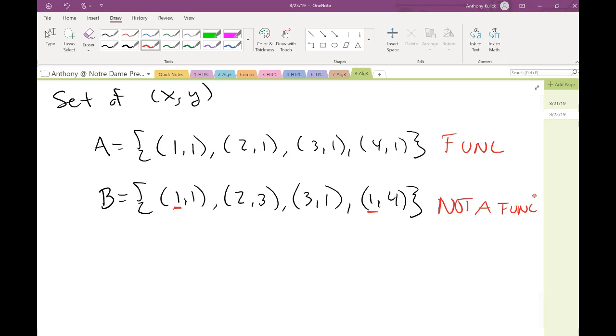So again, I'm only really concerned with the x-coordinate here, and I'm only really looking for repeated x's. The y's repeating doesn't really matter to me. Everybody agree with that? So far, so good? Okay.